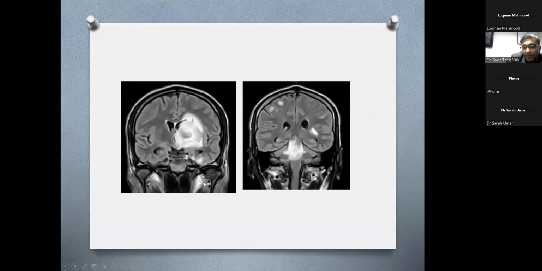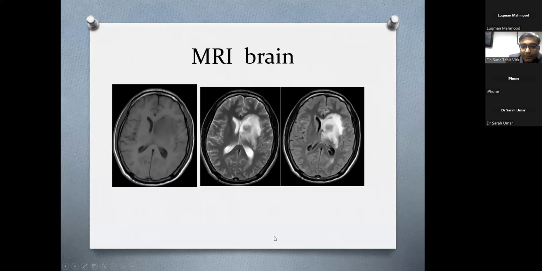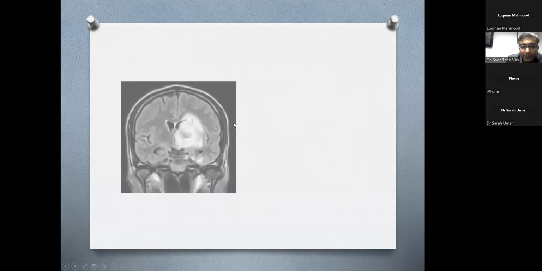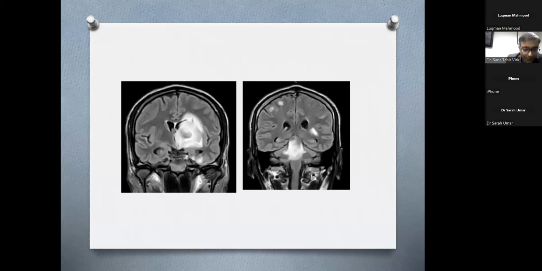Now, can anybody explain these images? This is the same patient. The disease process is not just confined to this area. Yes, it has involved the medulla, midbrain. There's involvement of the gray white junction as well, and then there is involvement of the brain stem as well.